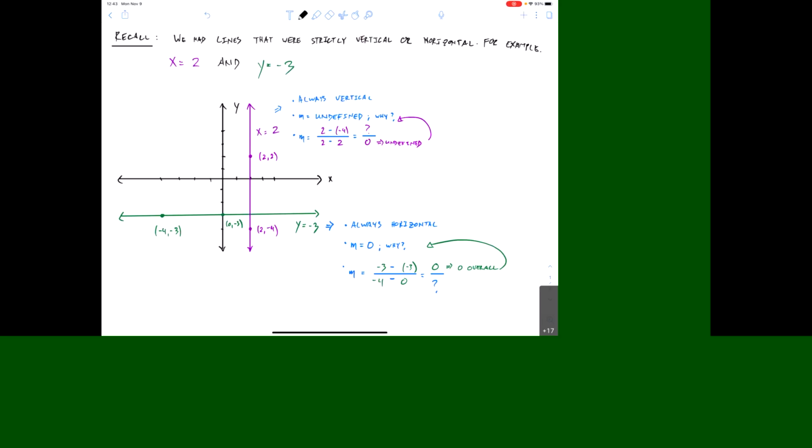And for those that need a mnemonic device to learn or remember this, I remember when I was teaching high school algebra, they said, well, you can always remember the horizontal line is slope 0 because it's like you're riding a bike, right? If you have a little bike here and you're going whether it's right or left, the ground is flat, so it's 0, right?